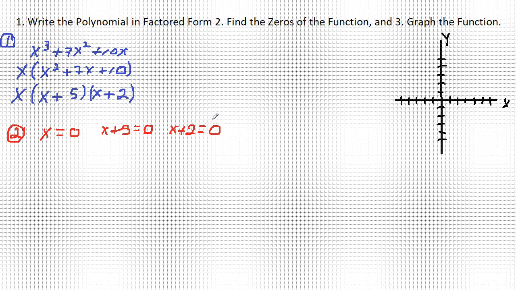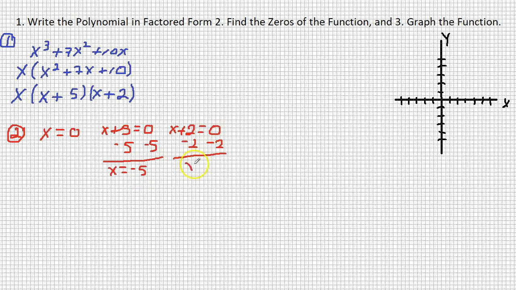Okay? So next, I'm going to solve this one for x by subtracting 5 from each side. And I get x equals negative 5. And I solve this one by subtracting 2 from each side.